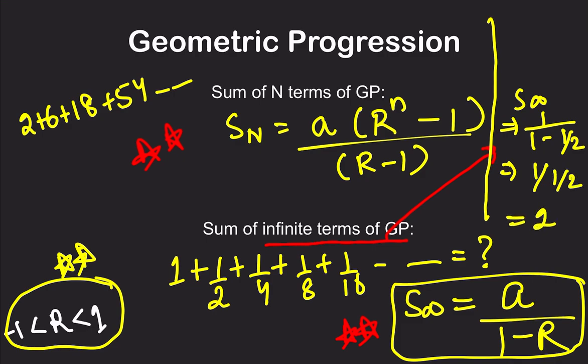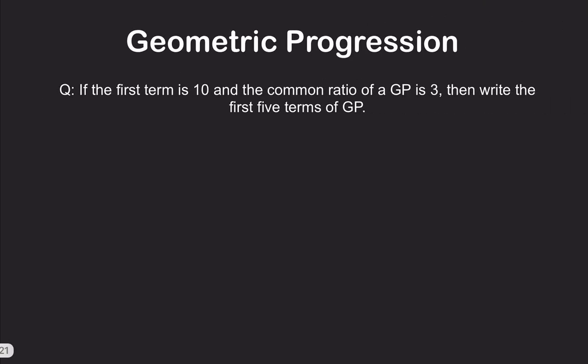So if you sum this series till infinity, you will get the answer 2. So the sum of infinite terms of a GP is possible using this formula, given the condition that the common ratio is between 1 and minus 1. That is all. Moving on.